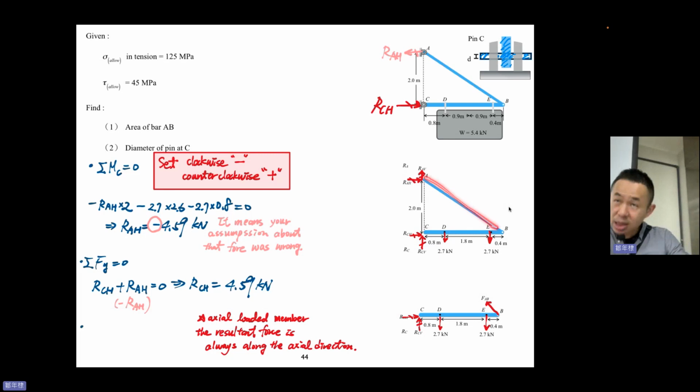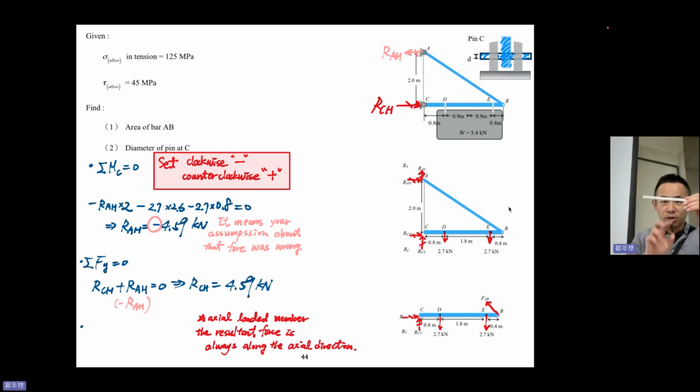But this one is an axially loaded member because the only loads are at these 2 points, right? So no matter how you stretch it, the load always follows through this axial direction. Okay, understand what I mean?